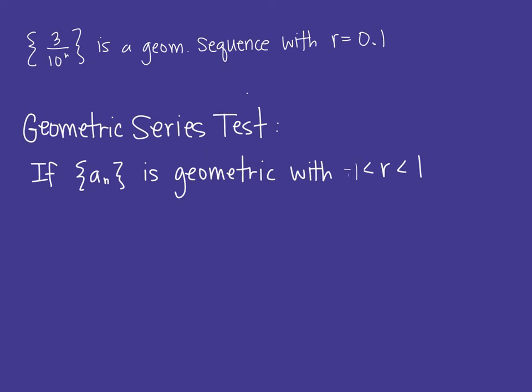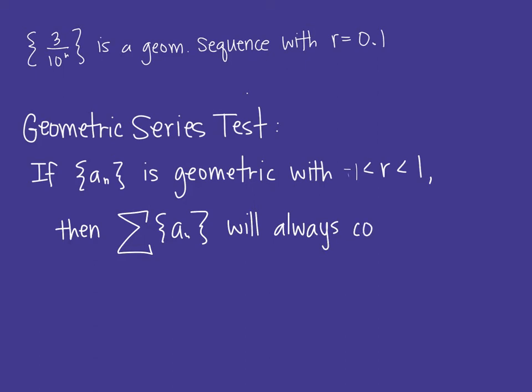All right, if it's a geometric series with r between those two, then this series will always converge. And, more specifically, it converges to a specific total. Okay? We write the total that way.